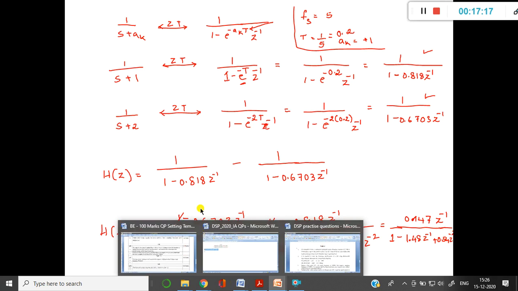So this will be the final H of z. So once again I'll write it here. Final value of H of z is 0.1477 z inverse divided by 1 minus 1.48 z inverse plus 0.548 z to the power of minus 2.